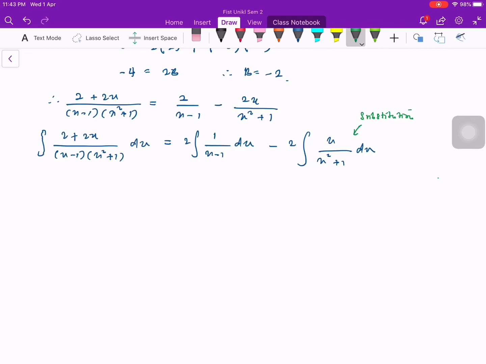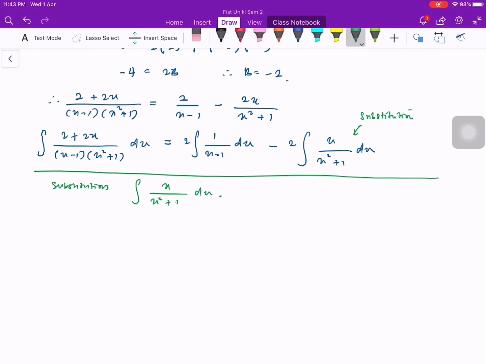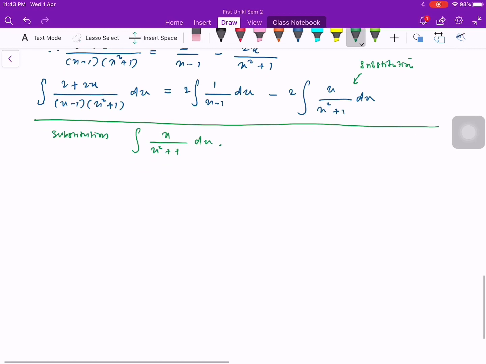Okay, then we're going to divide them. So we're going to find substitutions of integral x over x squared plus 1 dx. Okay, so kalau you masih ingat technique of integrations untuk substitutions, we are going to choose u. So let u will be equals to the highest degree of polynomials, which is x squared plus 1, ataupun kita akan ambil yang sentiasa di bawah.